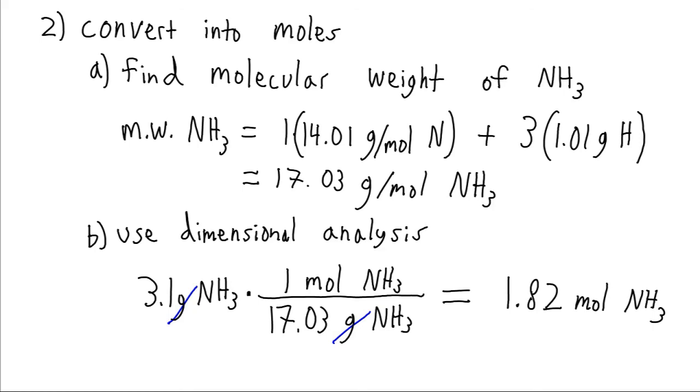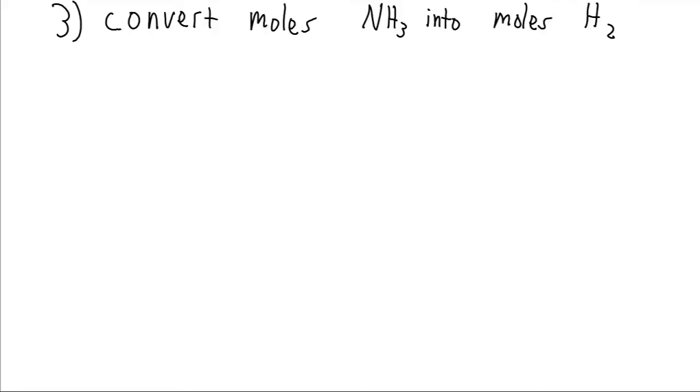And I've kept an extra sig fig here, even though this should only have 2, just so that I don't lose too much accuracy due to rounding errors. But at the end, I'll square all my sig figs and make sure that I give my answer to the proper decimal.